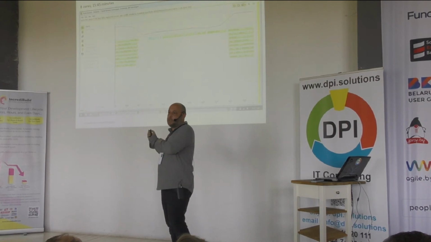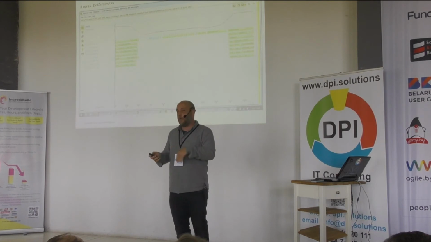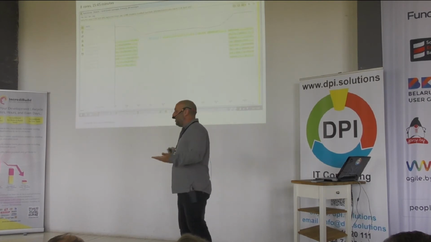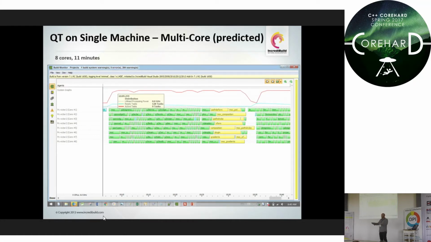This is because that's the way Qt wrote the build. But in Incredible and other tools as well, when we know which processes are being executed, we can do an out-of-order execution. We can change the way these processes are executed and run them in parallel, although the Make script was running them sequentially.